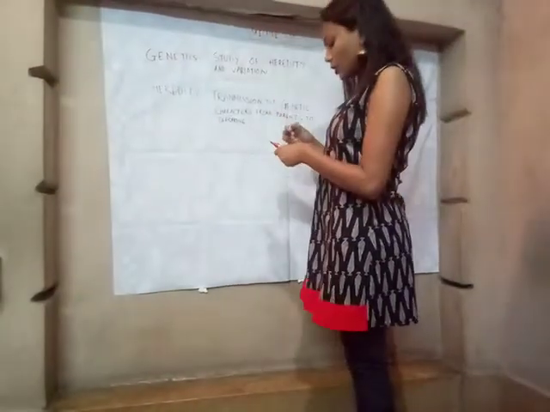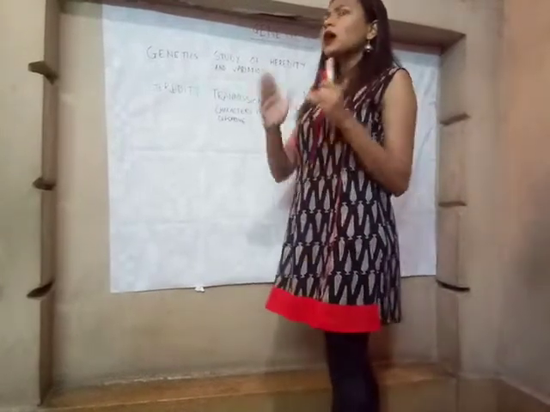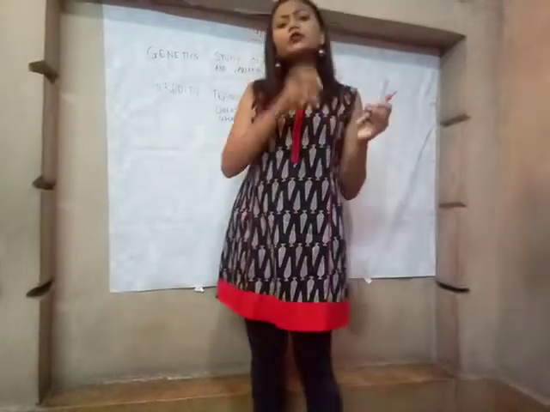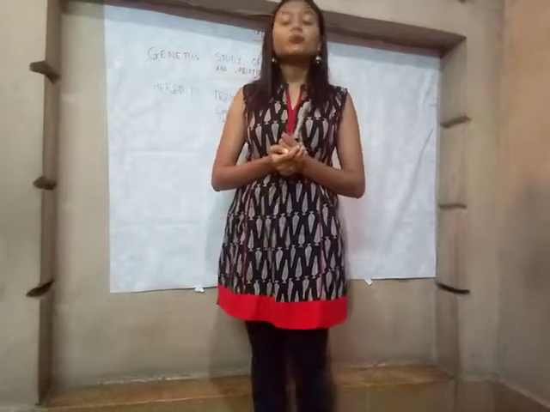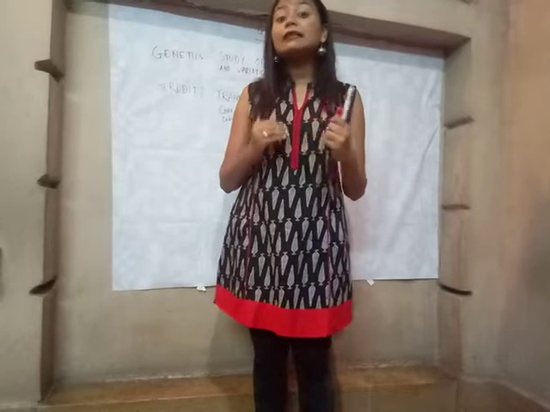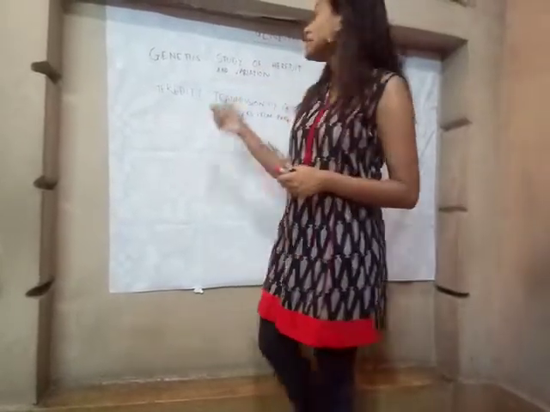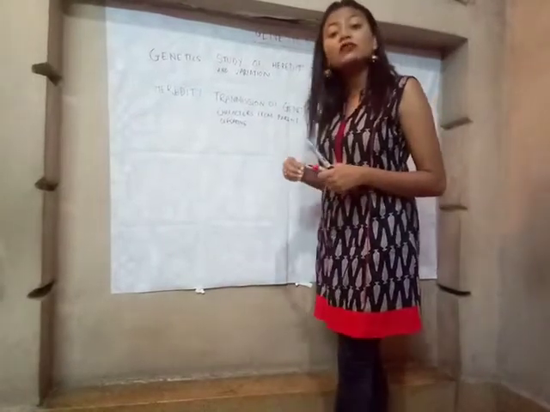Also variation. Now what is variation? Variation means that sometimes we find that individuals of the same species are different from each other. Like dogs. Dogs belong to the same species, but there are some characteristics in dogs which make them different from each other. That is variation. So what is variation?